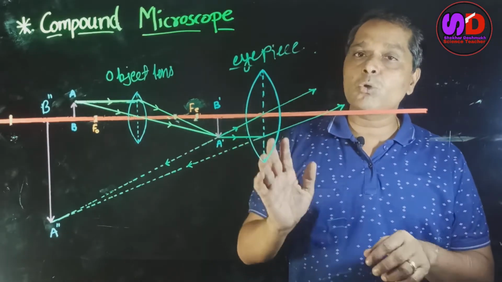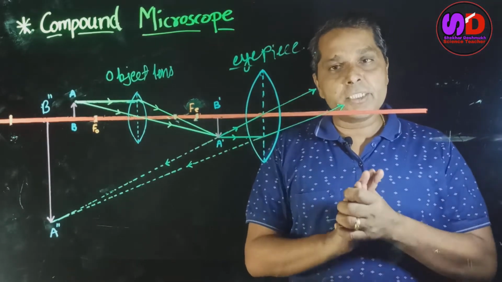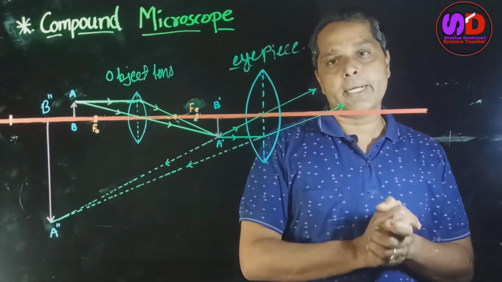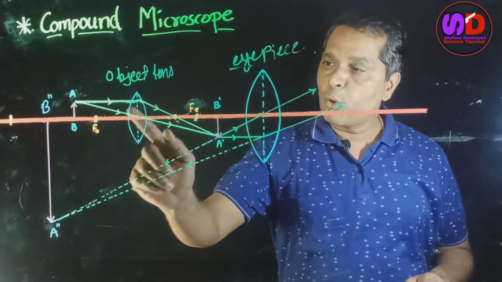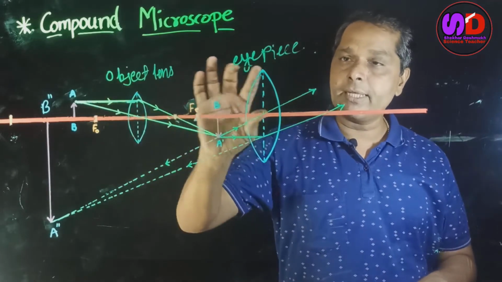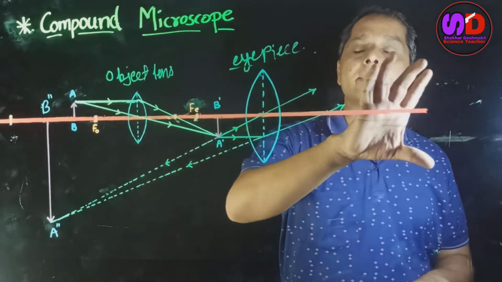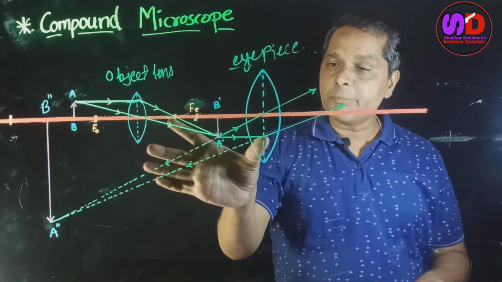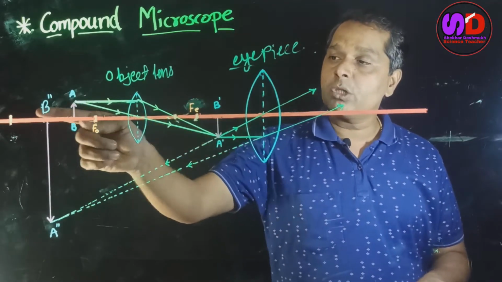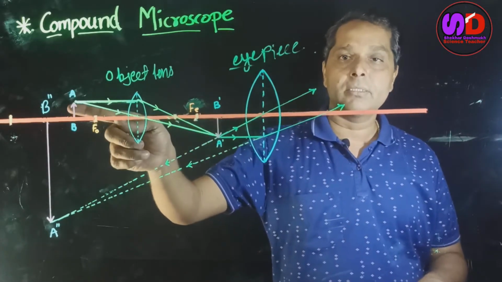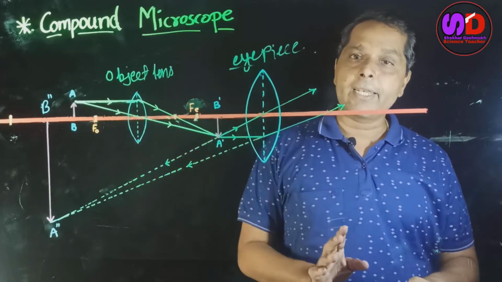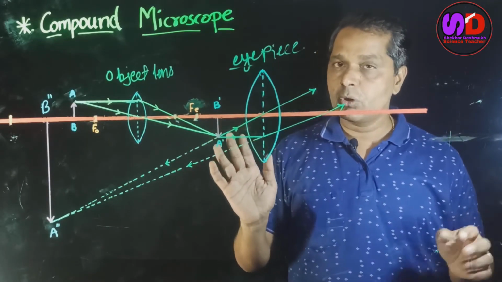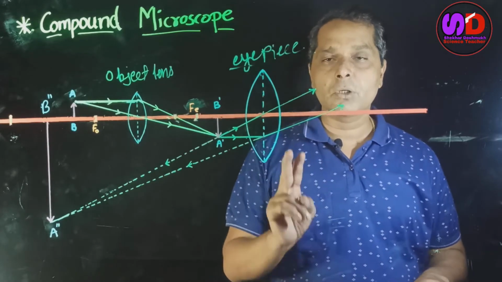This is how the compound microscope works, and it is used to see very minute objects. Both these lenses, object lens and eye lens, are fitted in a metal tube such that the distance between them can be changed, and both have the same principal axis, and by using it we can get a very enlarged, very big image. So this is the second use of convex lens.